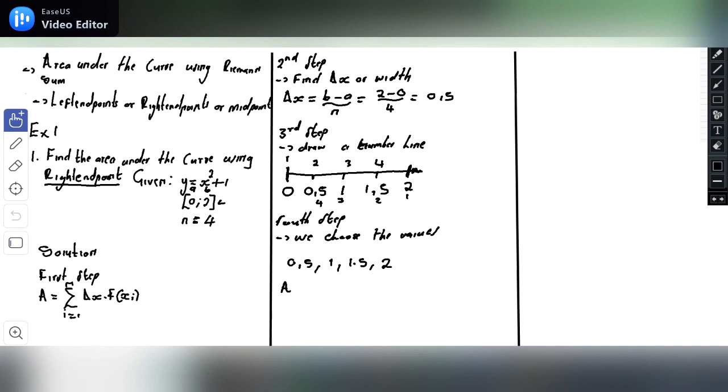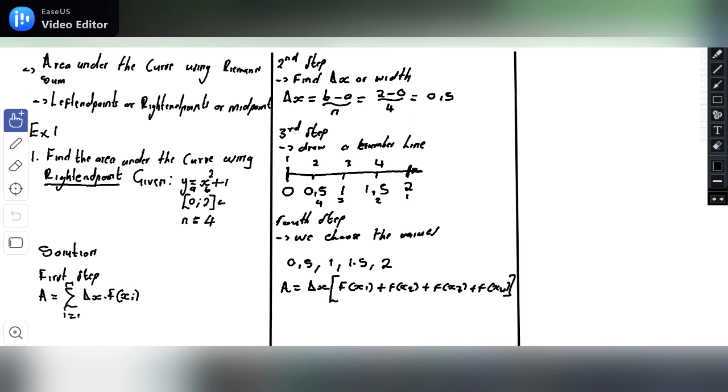Our formula is A is equal to delta x. Now we are going to replace that sigma and f of xi with f of x1 plus f of x2 plus f of x3 plus f of x4.